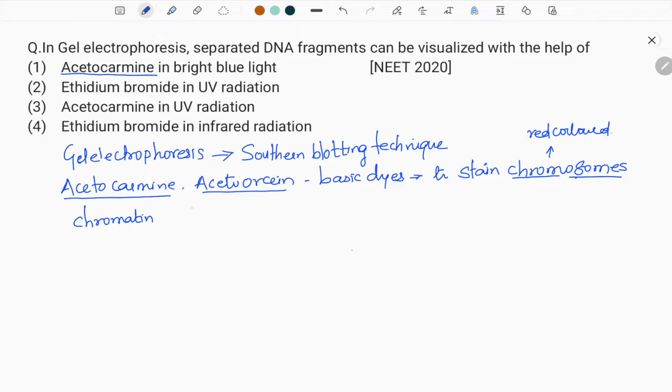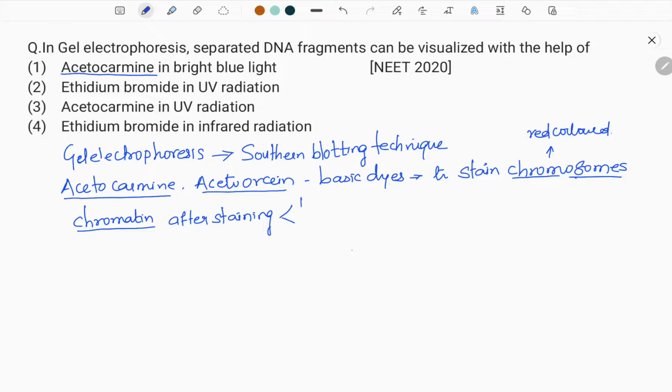It is the reticulum of nucleoprotein fibers. Reticulum means network-like. Nucleo means nucleic acid. Protein means histone proteins that we know, H2A, H2B, H3, H4, H1, all that.